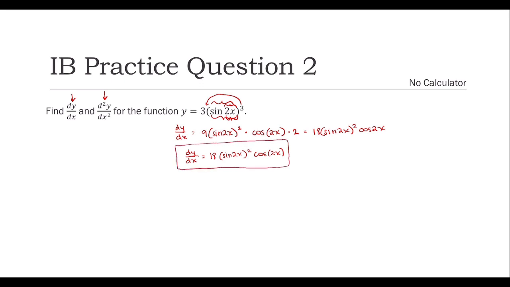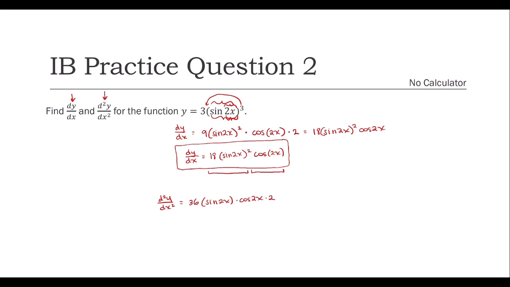And now we need to do our second derivative. So we have two functions being multiplied by each other. We have this function here and this function here, so we need to use our product rule. So d squared y dx squared equals the derivative of the first. So 18 times 2 is 36 sine 2x to the first power, times the derivative of sine of 2x, which is cosine of 2x, and then the derivative of 2x is 2.